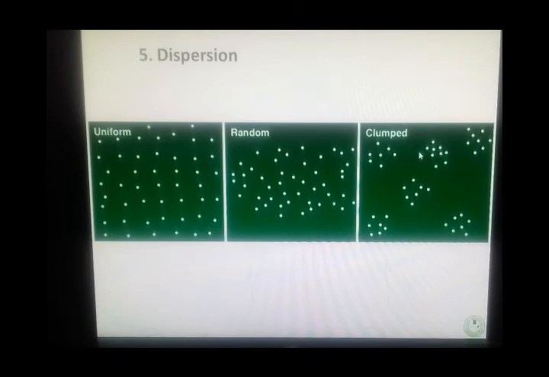So it is very easy to understand that in the case of uniform distribution, the individuals are evenly spaced and tend to be as far apart from each other as possible within a particular density. Okay, within a particular density.